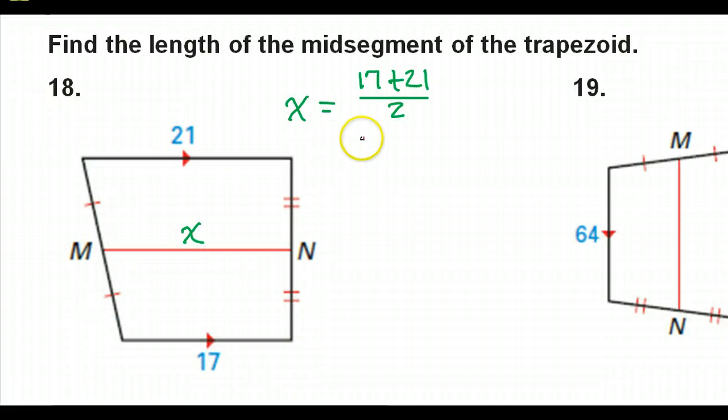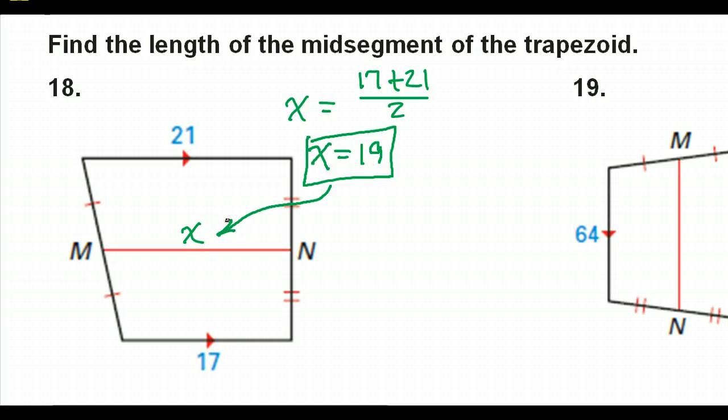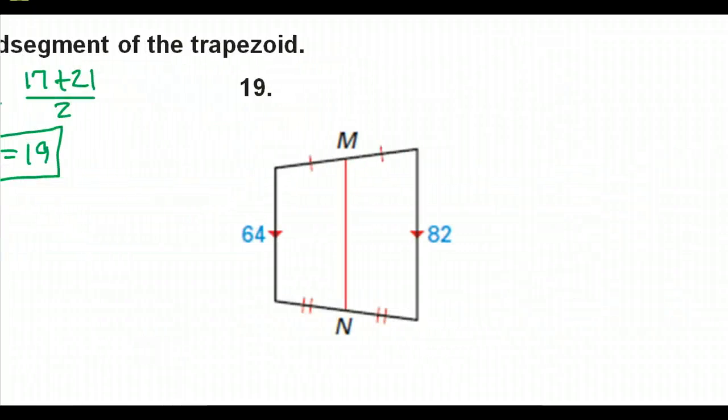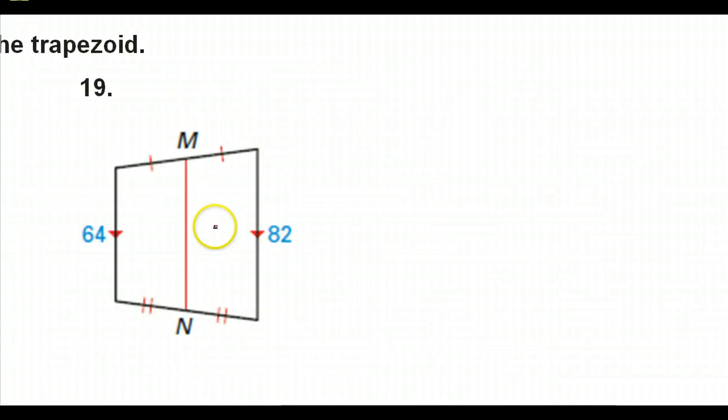Kabam. Okay, so the mid segment is 19 for number 18.